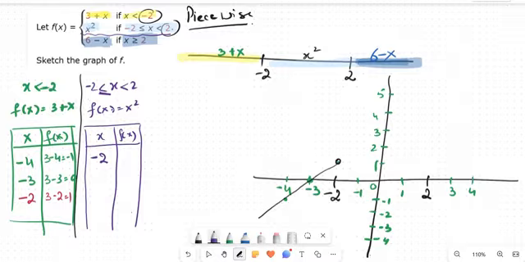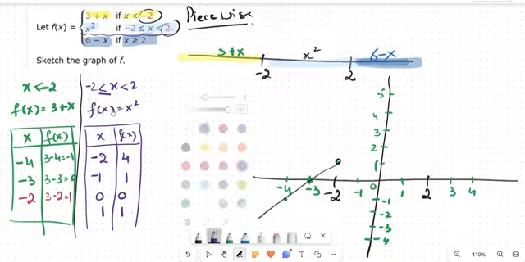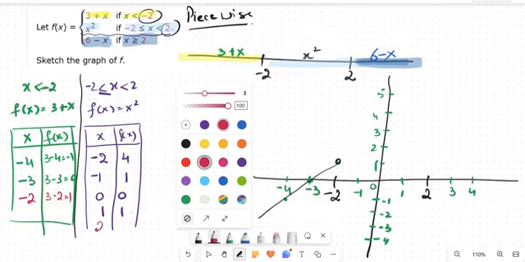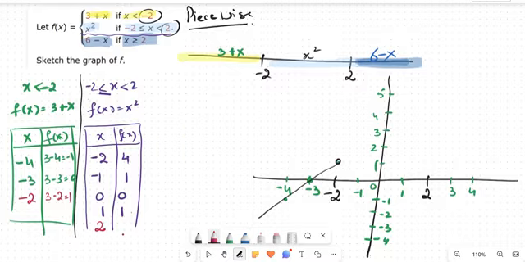When I put -2 in here, -2 square is 4. Then let's try -1. -1 square is 1. 0 square is 0, 1 square is 1. Although 2 is not included, I'm going to still put it so I know. 2 square is 4.